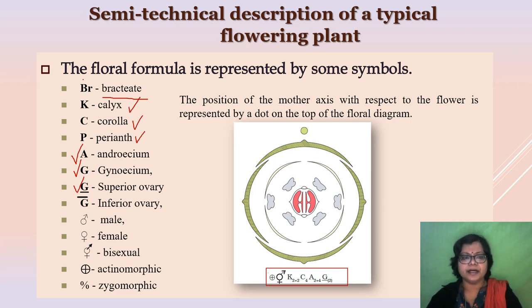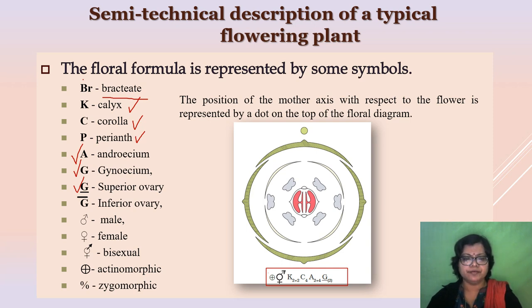Then inferior: here the line is drawn above the G, and inferior means that the ovary is inferior. That means the other whorls of the flower are present above the ovary, right? That is the epigynous flower. Superior means hypogynous flower, and the other whorls are below the ovary.